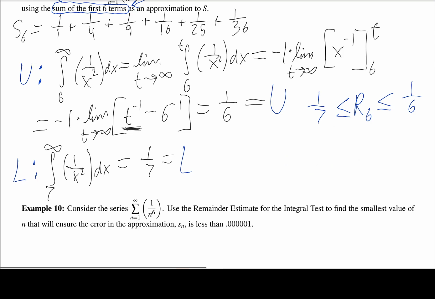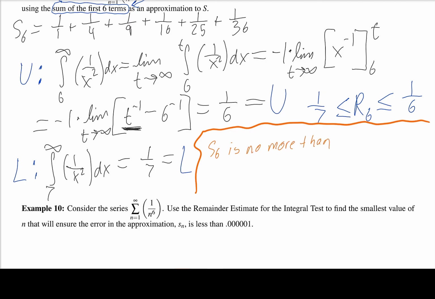One way to interpret this is that we can say that S sub 6 is no more than 1/6 bigger slash smaller than S. Bigger slash smaller, because we don't know if it's above or below S.